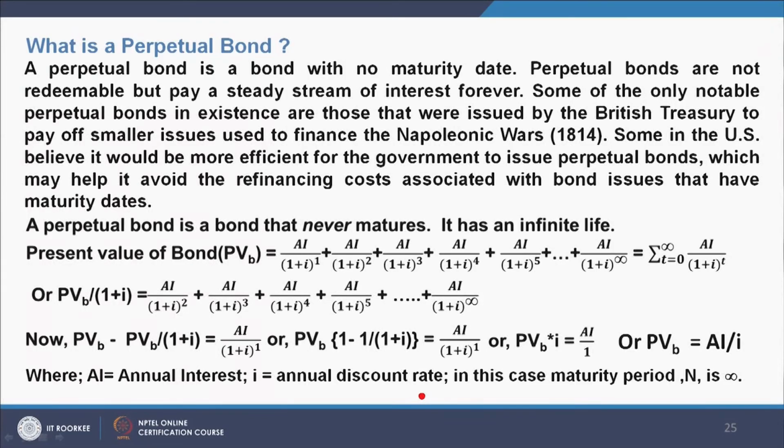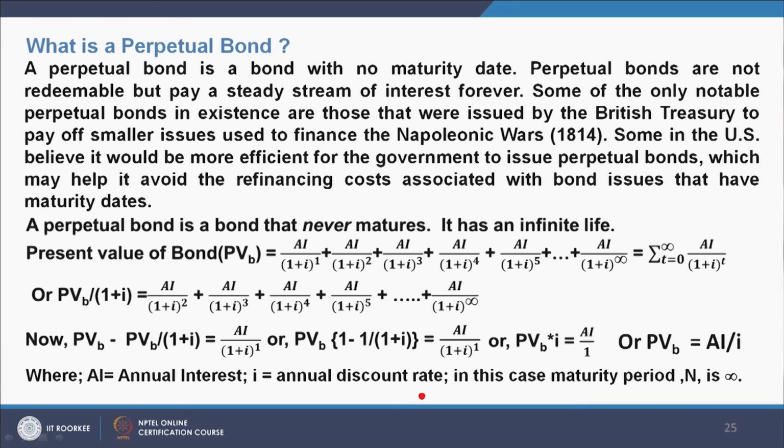Some of the only notable perpetual bonds in existence are those that were issued by the British Treasury to pay off smaller issues used to finance the Napoleonic War in 1814. Some in the US believe it would be more efficient for the government to issue perpetual bonds, which may help it avoid the refinancing cost associated with bond issues that have maturity dates.